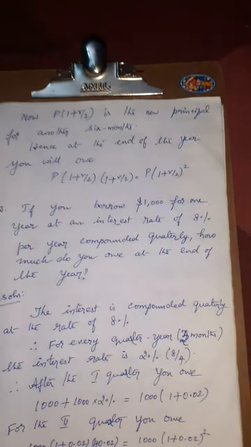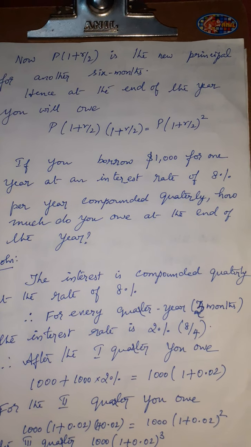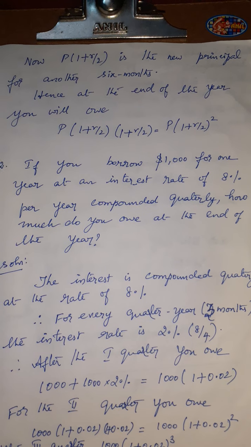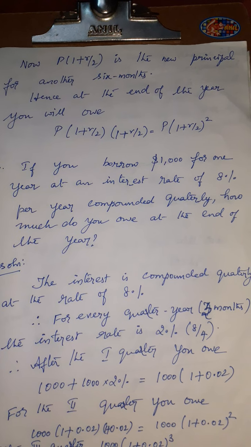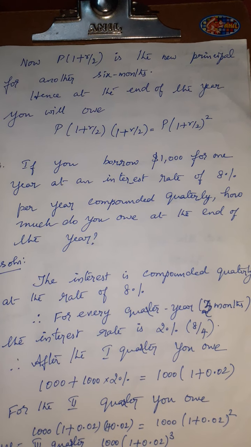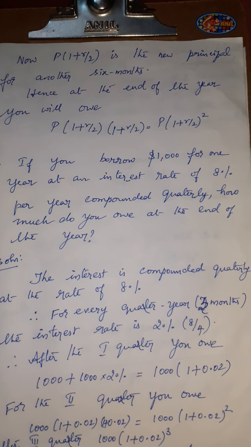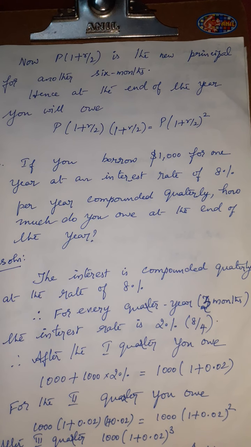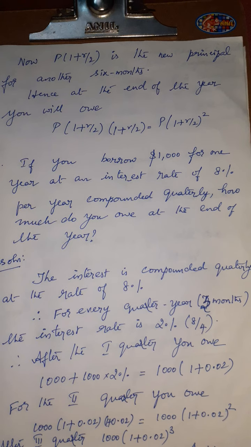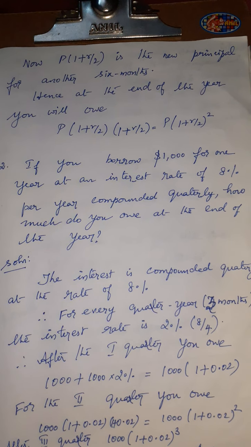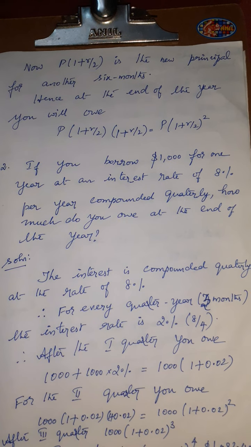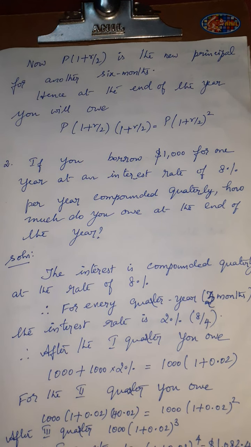In the second 6 months, the interest rate is R by 2, but the principal has now increased to P into 1 plus R by 2. So finally, after 12 months, the amount which you are going to owe is P into 1 plus R by 2 into 1 plus R by 2, which is finally P into 1 plus R by 2 the whole square.